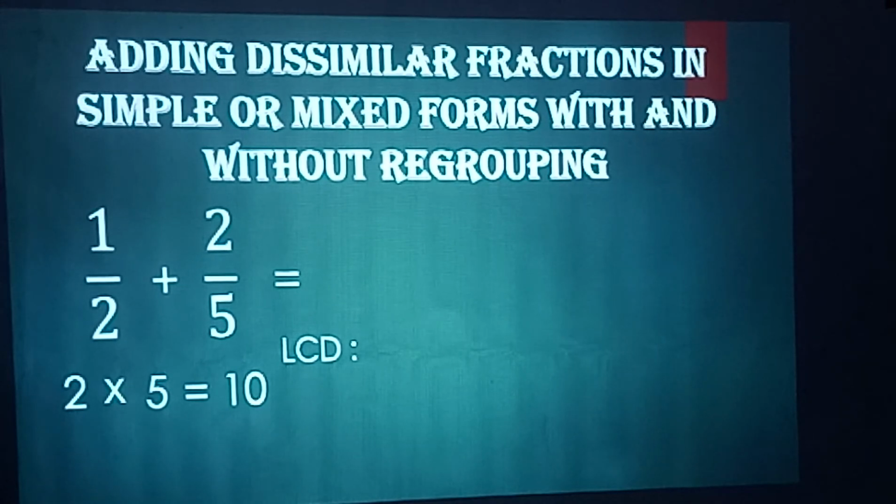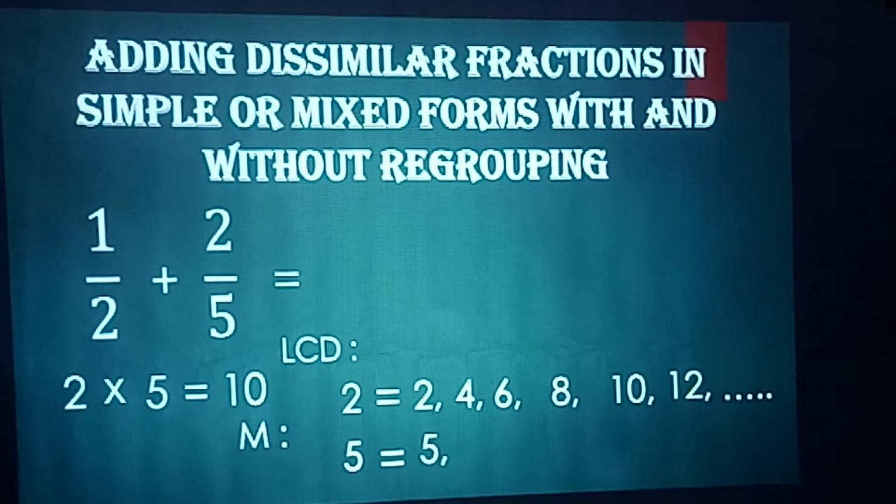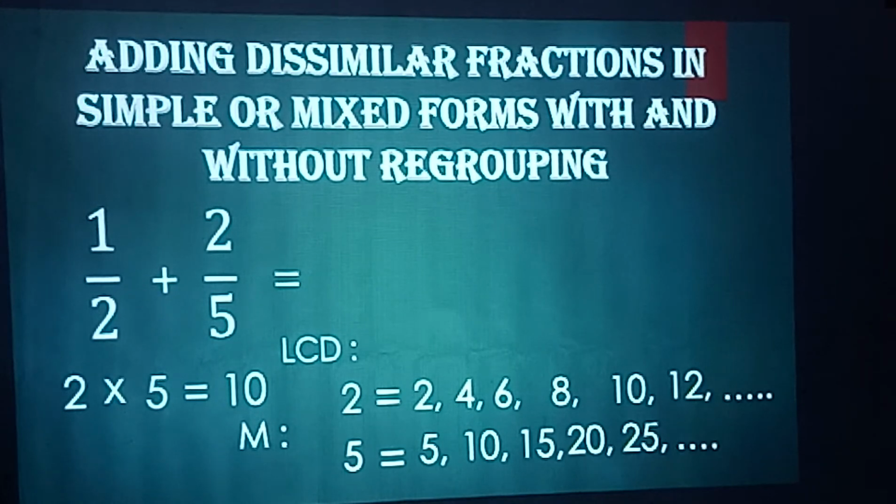Now, let me get the multiples of 2, and the multiples of 2 are, so we have 2, 4, 6, 8, 10, 12, and so on and so forth. For the 5, so 5, 10, 15, 20, 25, and so on.